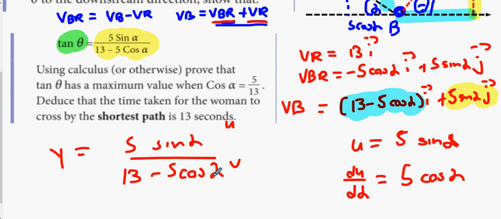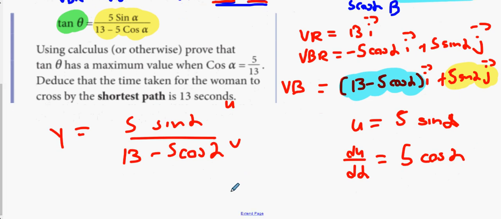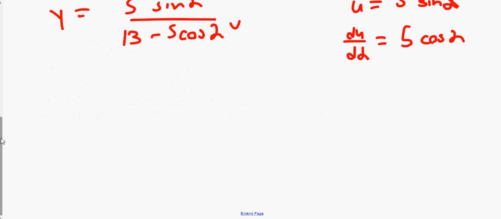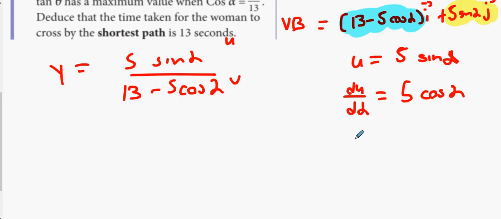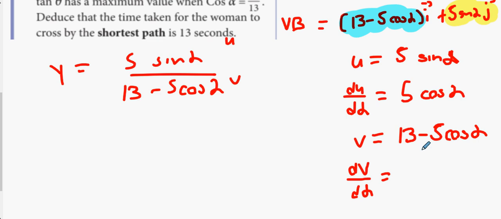And then underneath, v is going to be 13 minus 5 cos alpha. Is that okay? So what's the dv d alpha? Anybody remember? Differentiate 13, what happens? 0. Differentiate cos, it turns into? So it's minus 5 times minus sine.